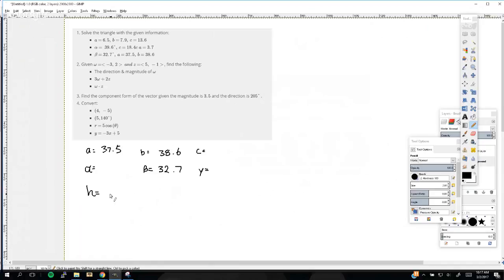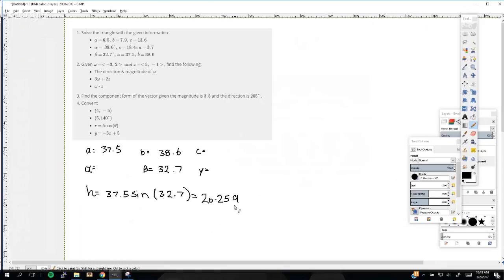And the height would be 37.5 times the sine of beta. It should be 20.259. 20.259. Perfect.